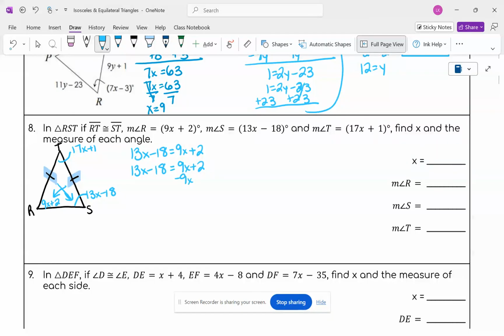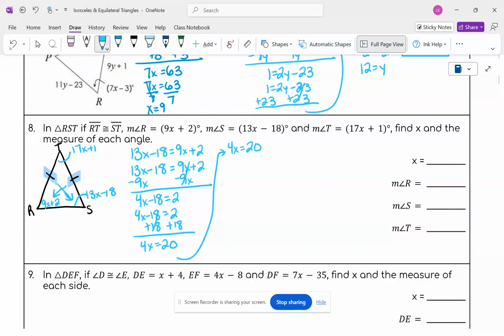We're going to subtract 9x from both sides, which leaves us with 4x minus 18 equals 2. We add 18 to both sides. So 4x equals 20. Then we divide both sides by 4. And x is equal to 5.